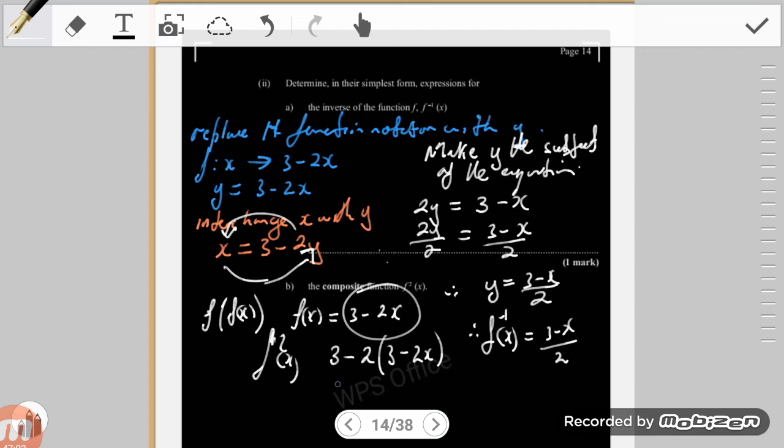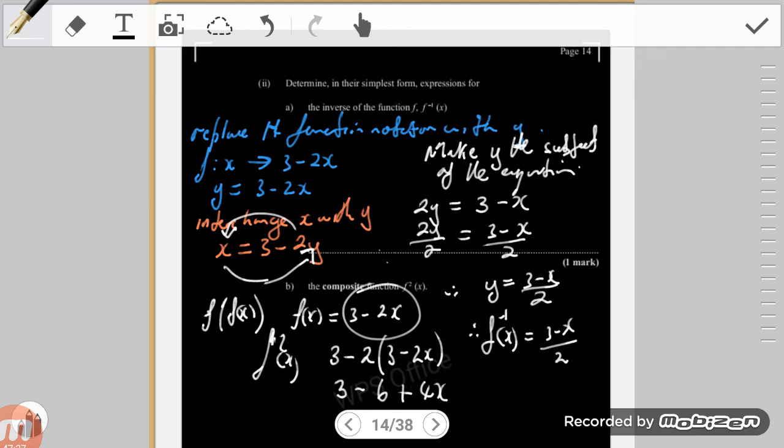So by simplification, this is going to be 3. Do not say 3 minus 2, guys, because this 2 immediately precedes the bracket. So we're going to have to distribute that 2. So it's going to be 3 minus 2 times 3 is 6. Negative times negative is positive. 2 times 2x is 4x. Then now we can do the necessary subtraction.